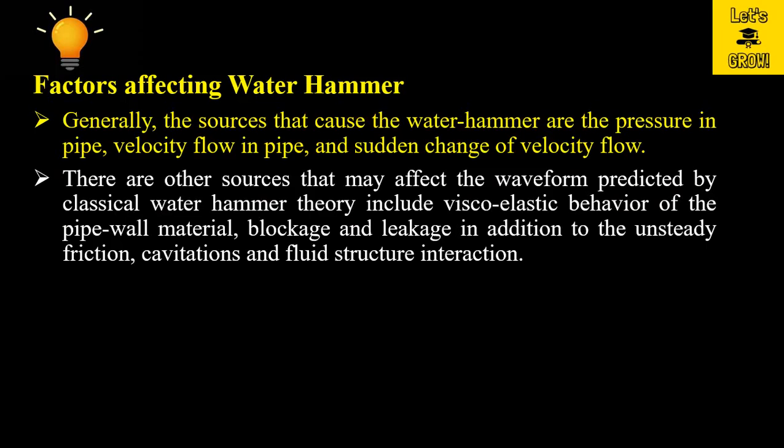So the pressure, velocity and change in velocity control this water hammer effect, and obviously the velocity and the pressure are interrelated. If velocity is higher, pressure will become low. If pressure is higher, velocity will become lesser if the pipe is of uniform cross section.